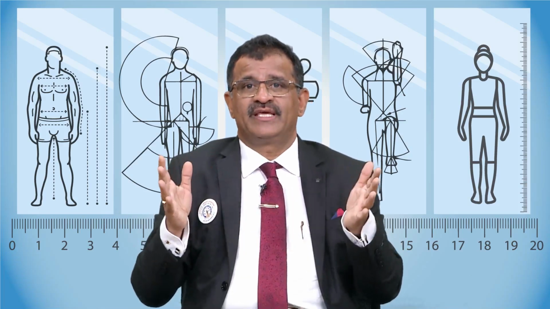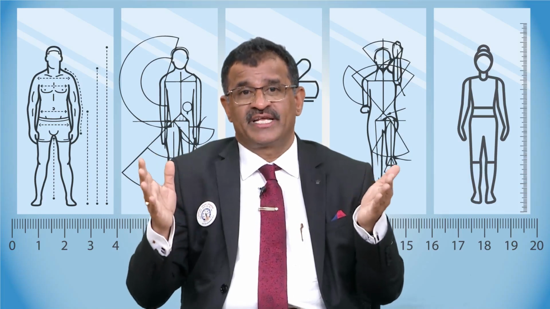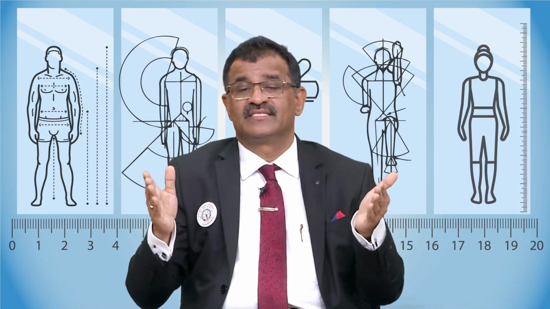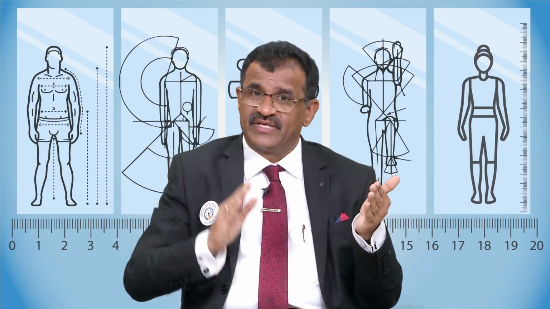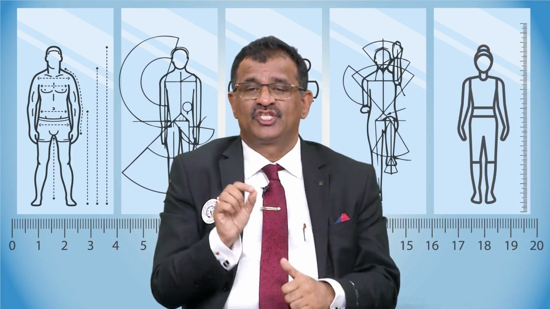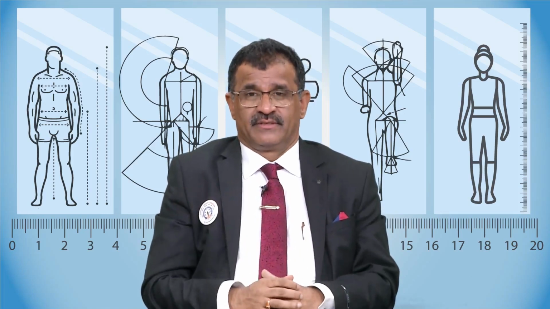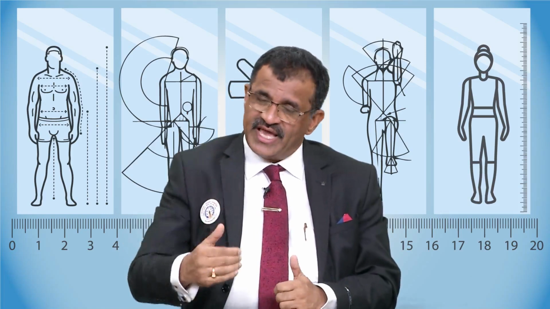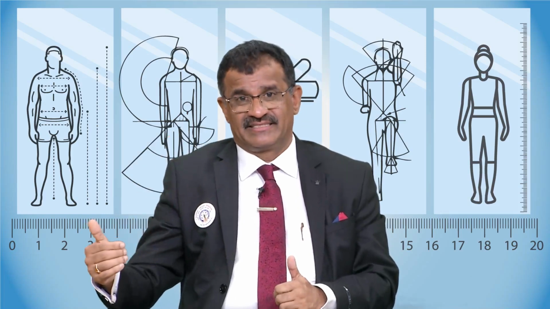The human body is measured with anthropometric measuring tools and devices, and the basic devices include a specially designed anthropometer, plus we have personal scales.